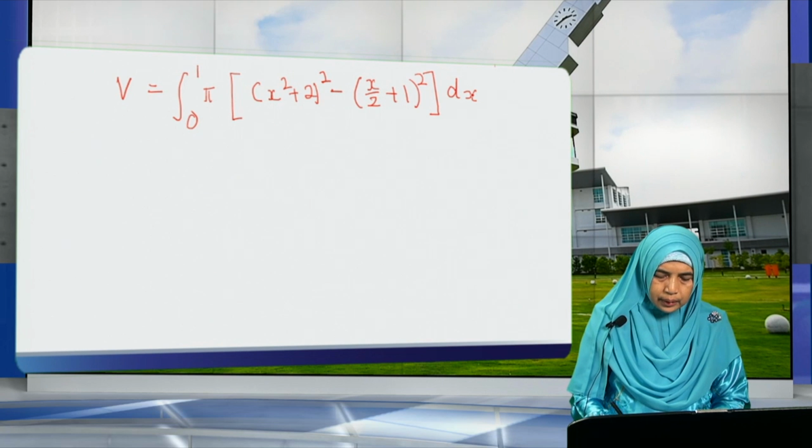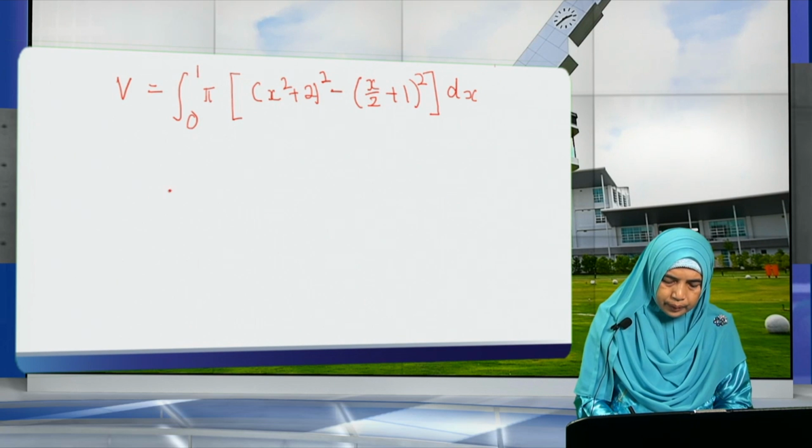We can factor out the pi and put it outside the integration because pi is just a constant.